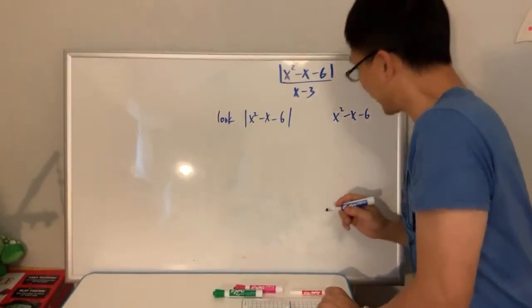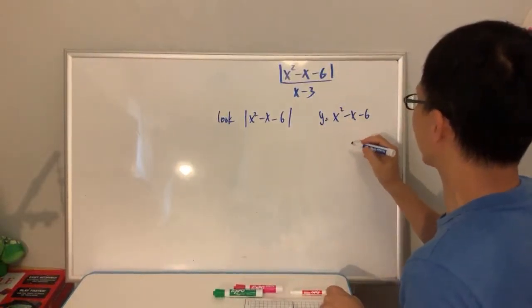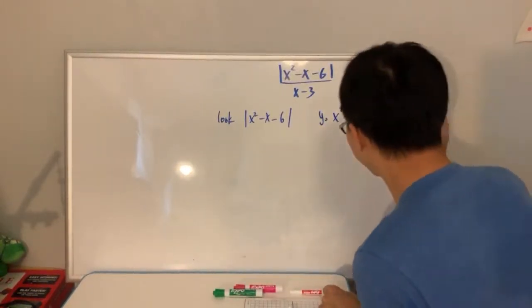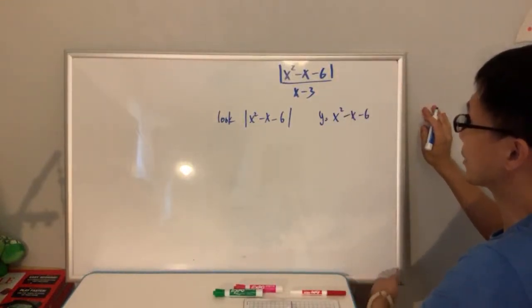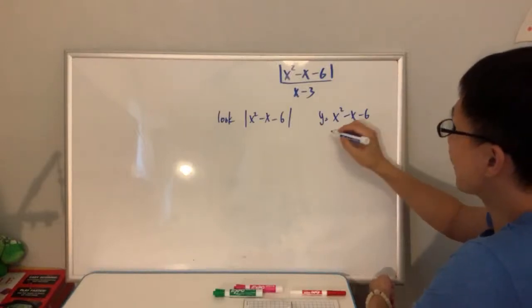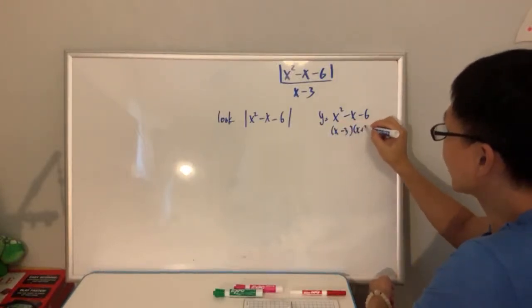So if I say y equals this, then my y-intercept is, if I plug in 0, it's going to be -6. If I factor this, it's going to be x minus 3 and x plus 2.